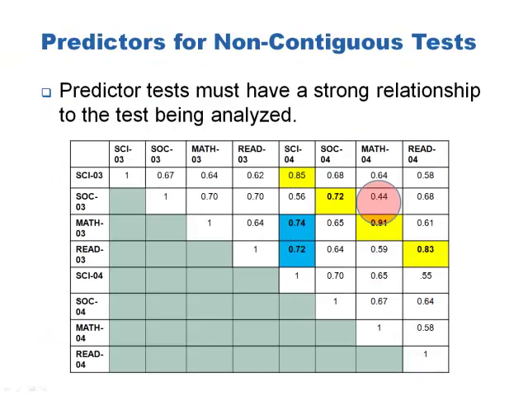Of course, reading 2010 to reading 2010 in a one-to-one correlation is the highest. Reading 2010 to reading 2011 is also a high predictor of reading. But prior math, science, and social studies tests also have predictive power to reading post-tests.